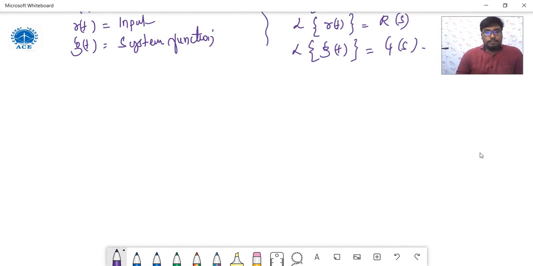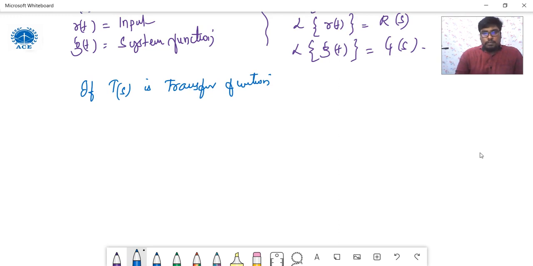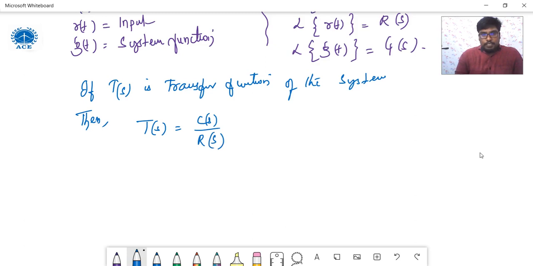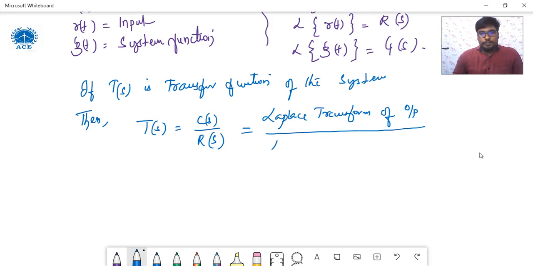Therefore, if t of s is the transfer function of the system, then the transfer function is equal to c of s divided by r of s, which is the Laplace transform of output divided by the Laplace transform of input.